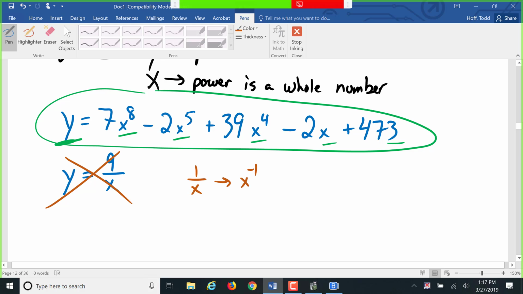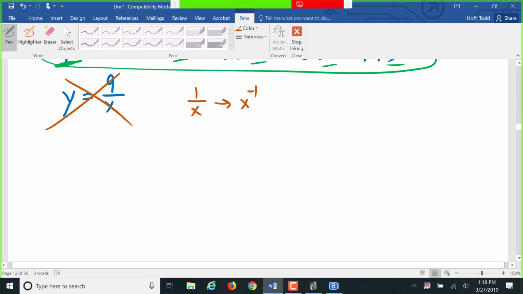That's not a whole number, that's an integer. It's a negative number. Now we can define the domain and range of a function like that to make it a function in some cases. We would restrict the domain. As long as x is not equal to 1, then that is a function. We'll talk about that more later.